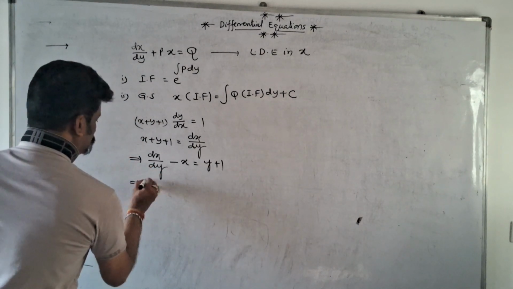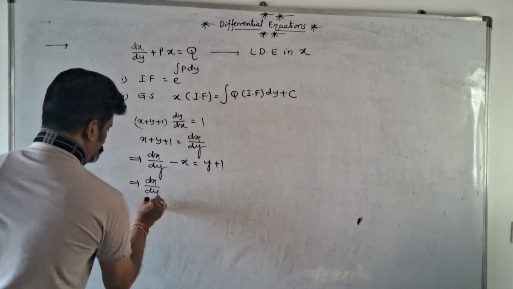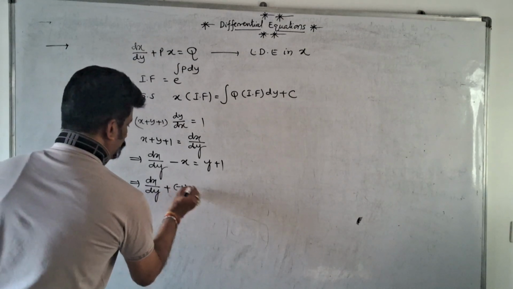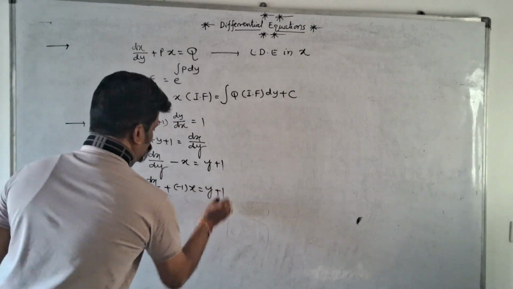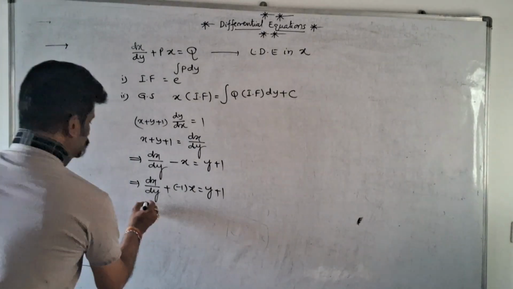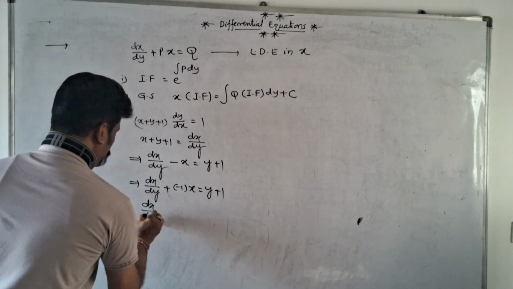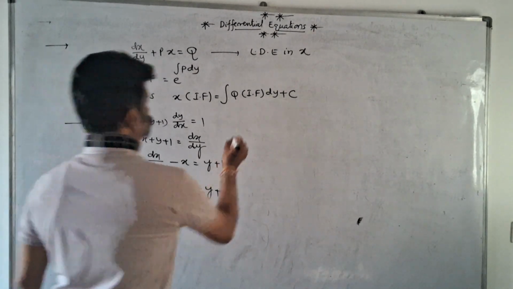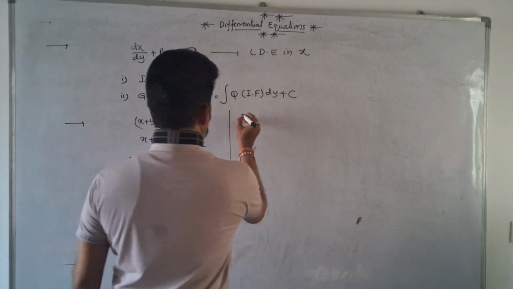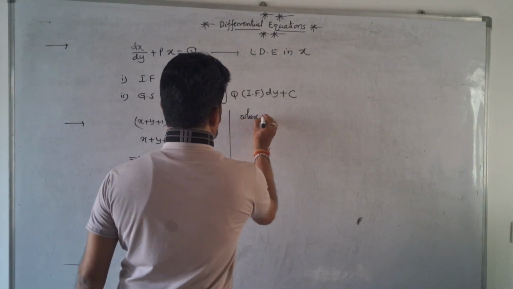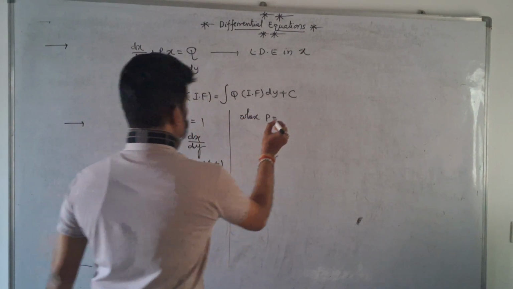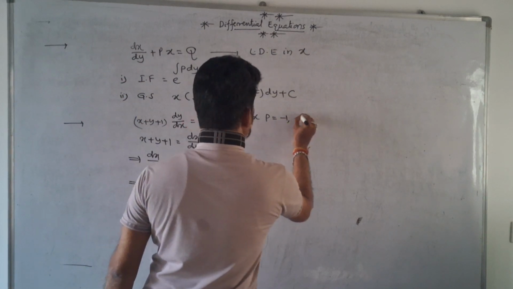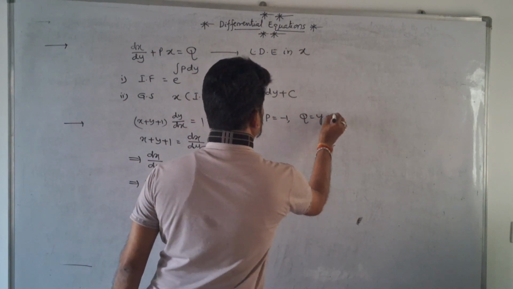Now this implies dx/dy + (−1)x = y + 1. Now it is of the form dx/dy + Px = Q, where P = −1 and Q = y + 1.